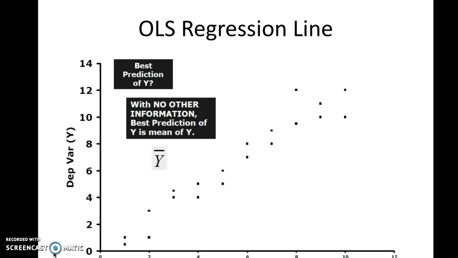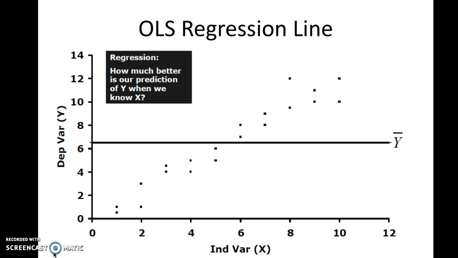That's just a kind of Greek symbol for average of y. So I could take the average of all the known budgets I have from the agencies I collected and say, well, you're probably close to the average. If I didn't know anything about you, the average would be the very best prediction of where your budget is. It would be better than just a wild guess. I know that your budget might be really high, it might be really low, but it's got to be somewhere near that average. That's the very best we could do.